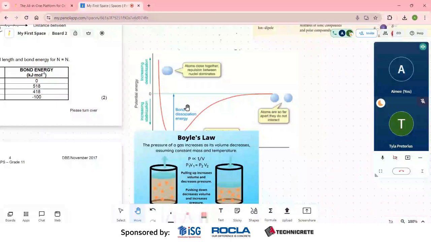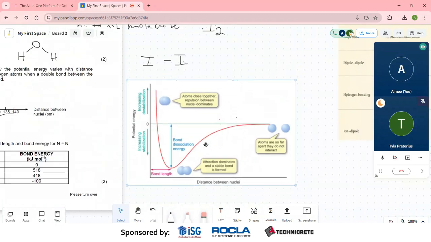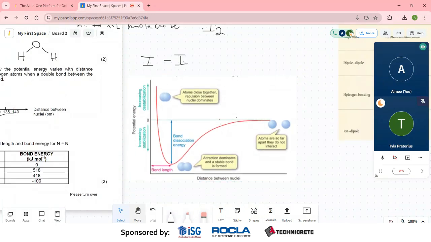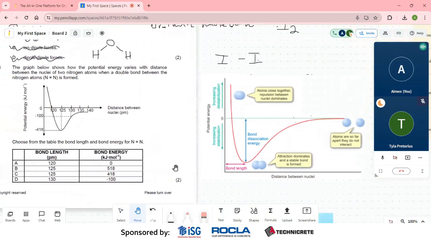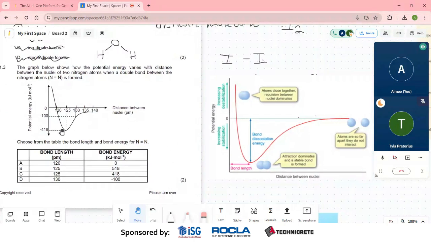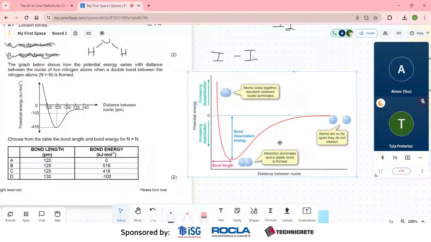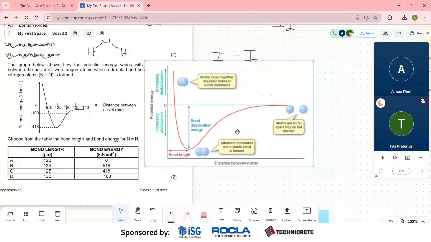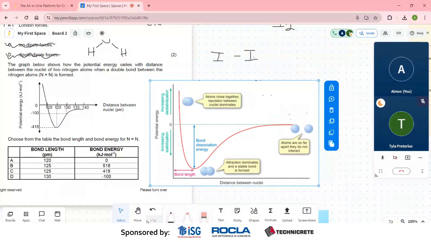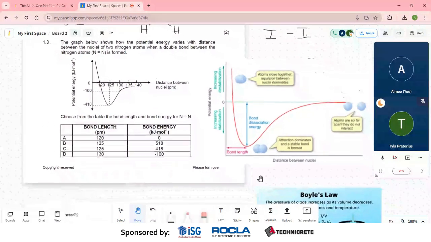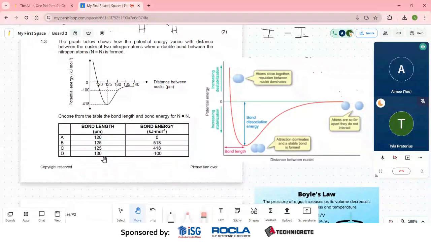So I have included a table here of what these graphs are supposed to look like so that you can more easily identify the values that you need to get off of here, right? So you can see this is question 1.3. So you can see we are looking for bond length and bond energy.